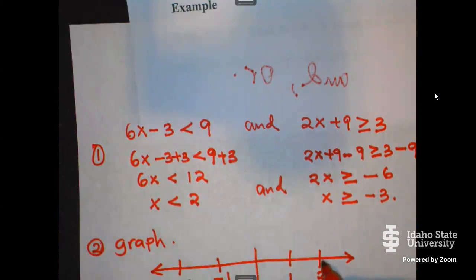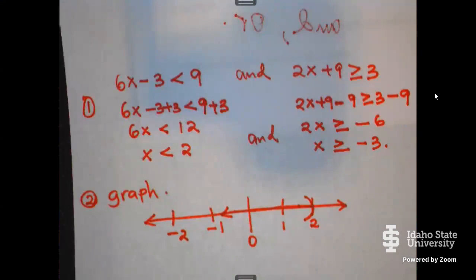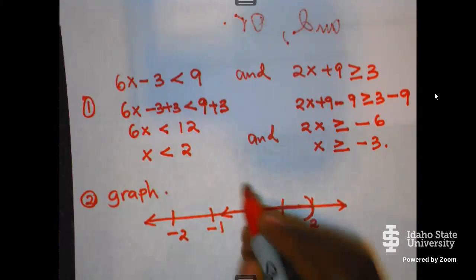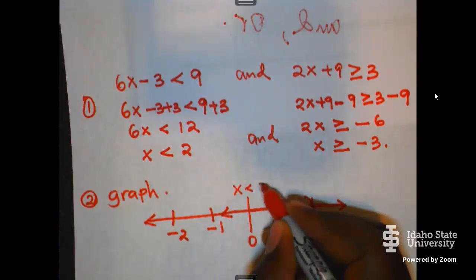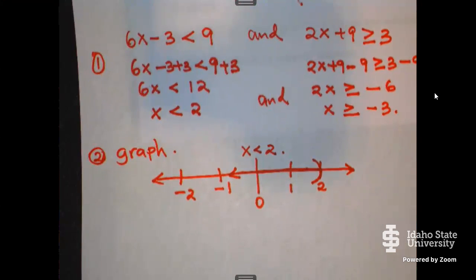So that means we use the open circle. So this goes this way, anything less than 2. So this is x less than 2. Then we come to the next.